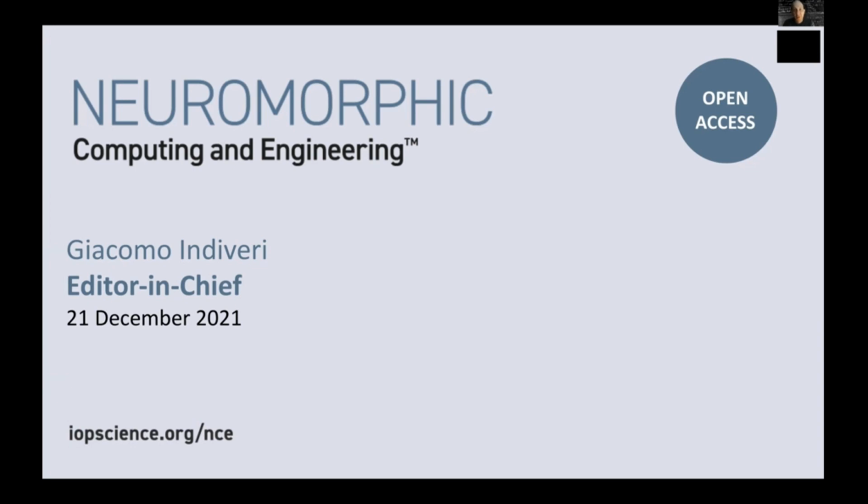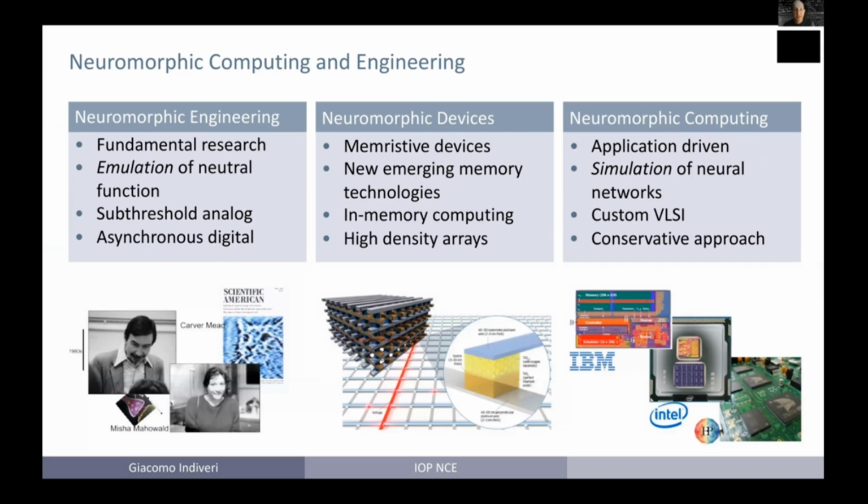The community working on neuromorphic computing and engineering is really trying to solve some important challenges that standard computing technologies are starting to face. And it has three main pillars. The community is composed of basic research colleagues from academia and university that are looking into neuromorphic engineering for really understanding how the brain works by building emulations of neural circuits. So it's really a fundamental research effort that is trying to emulate neural function using both analog and digital circuits.